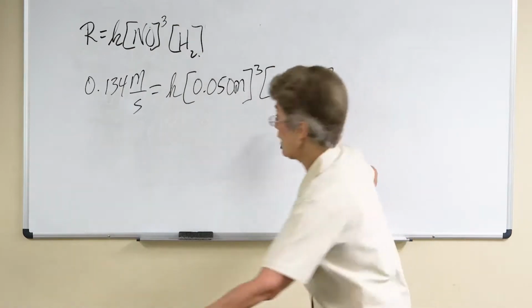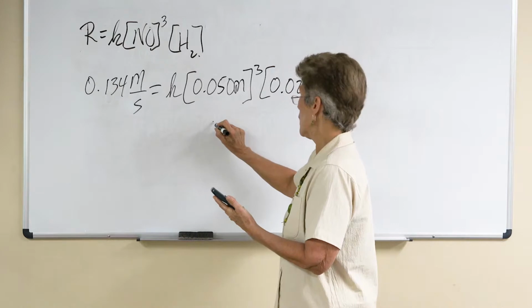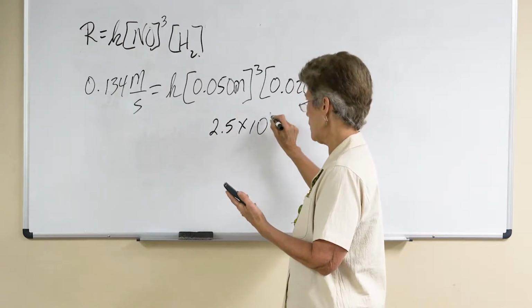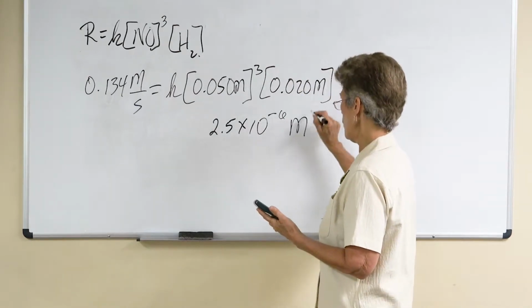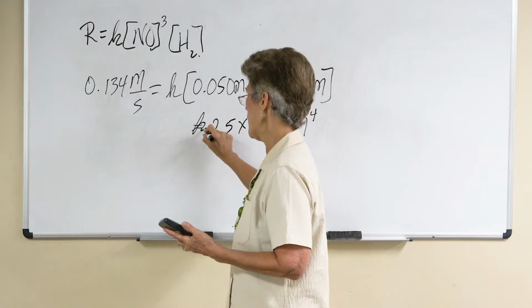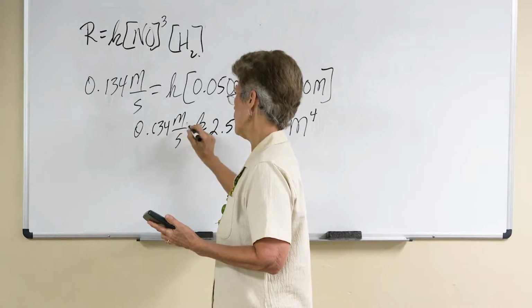So we're going to figure out what this is. So this ends up being 2 significant figures, 2.5 times 10 to the negative 6th, and this would be molar to the 4th, K. Okay, so I'm just rewriting this and having worked out those numbers.